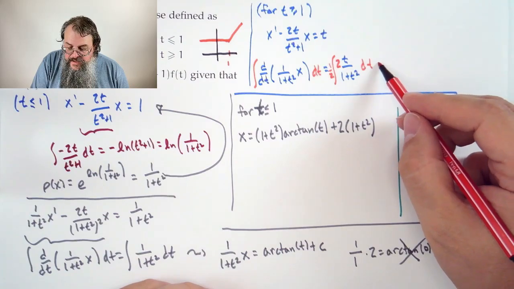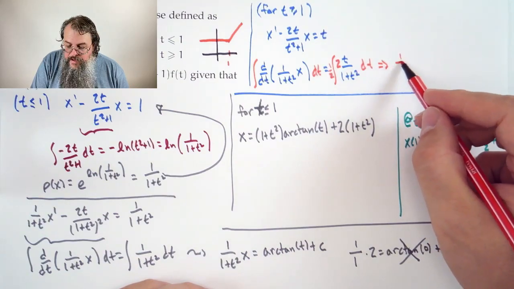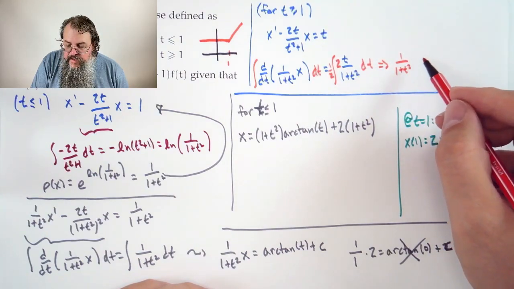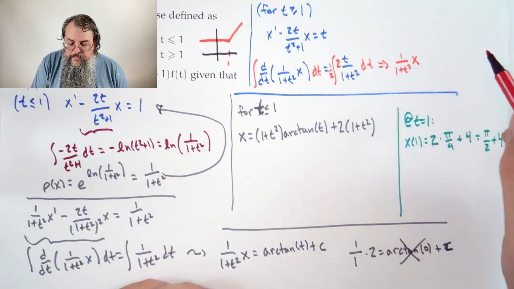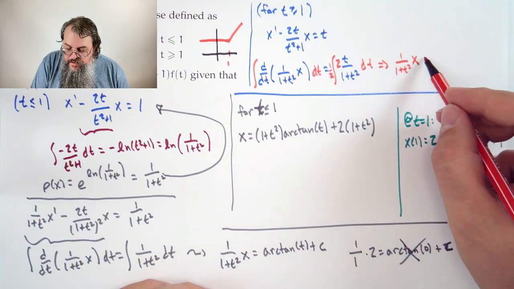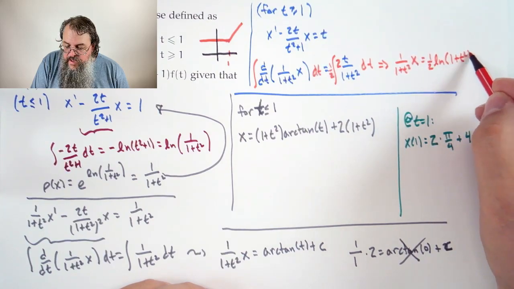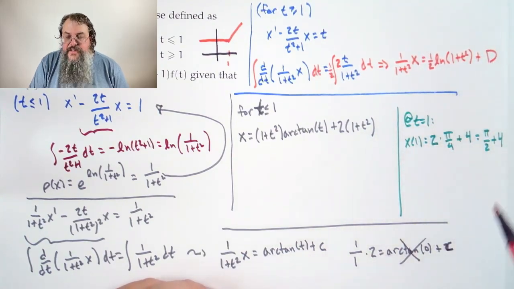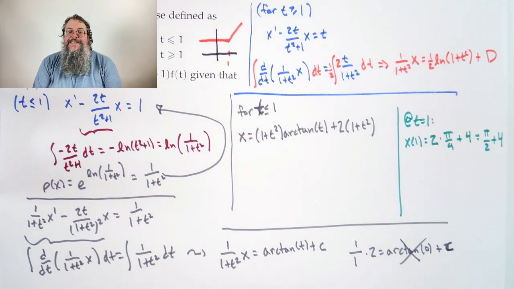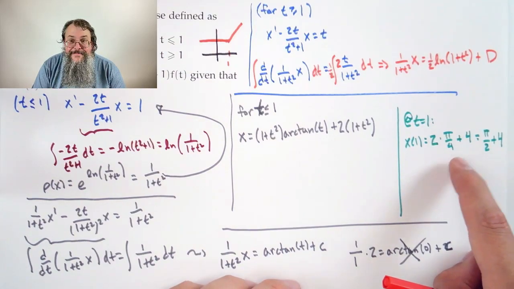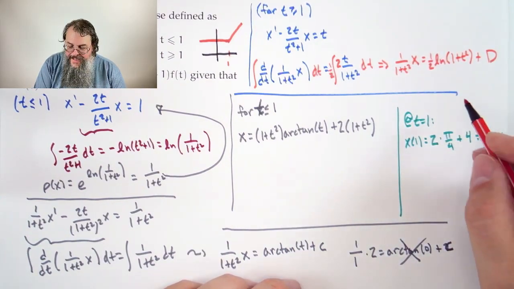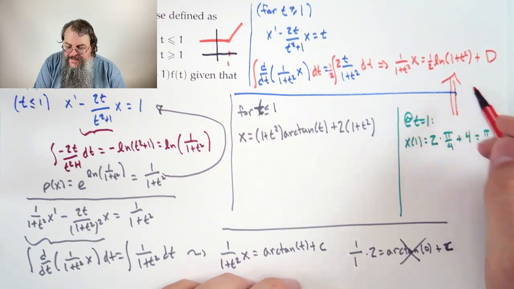And so this would tell us that 1 over 1 plus t squared times x is equal to 1/2 log of 1 plus t squared plus some constant d. Now, how do we figure out our constant?